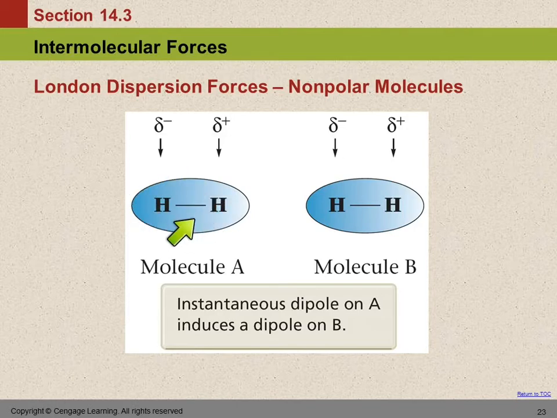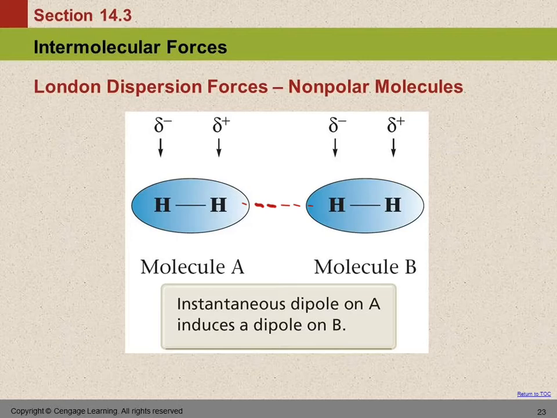That's an instantaneous dipole. And then this slight positive charge here attracts the electrons in the neighboring hydrogen molecule and causes this one to get unbalanced also. And then there is an attraction between these two. So we were using dotted lines earlier. Now we have a force of attraction between the positive end and the negative end.